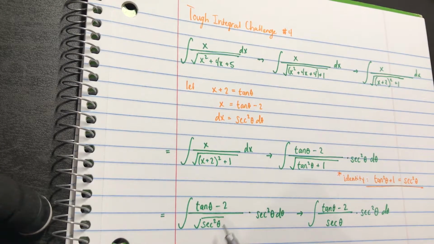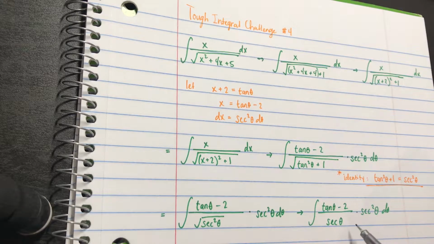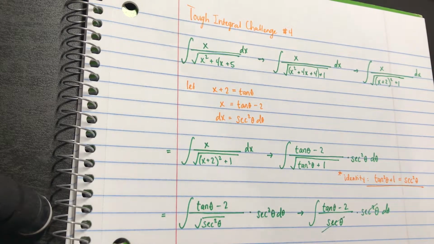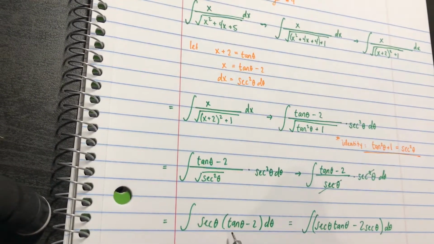Now, I'm going to get rid of this radical sign by reducing the square root of secant squared theta to just secant theta. And what I can do now is cancel the secant theta, reducing the secant squared theta to just secant theta by canceling out these terms in the denominator and numerator. And what I'm left with is the integral of secant theta times (tan theta minus 2) d theta.